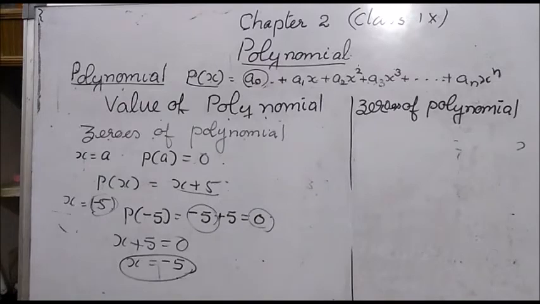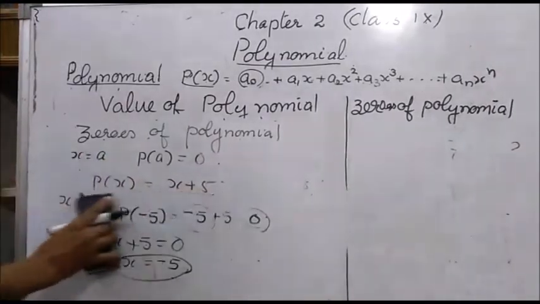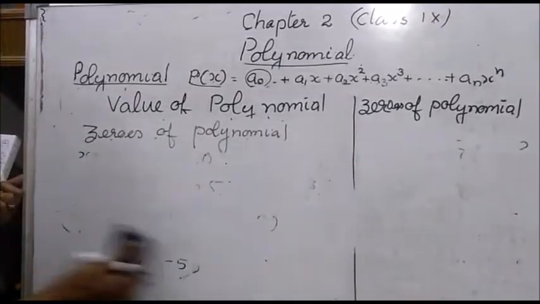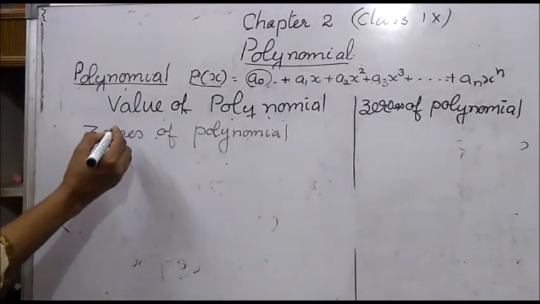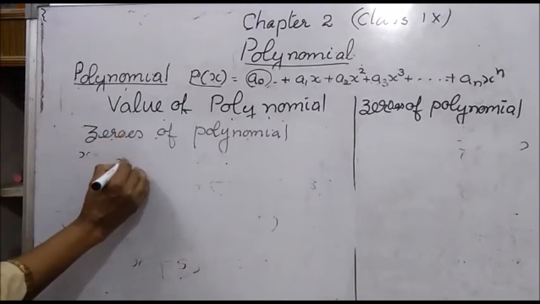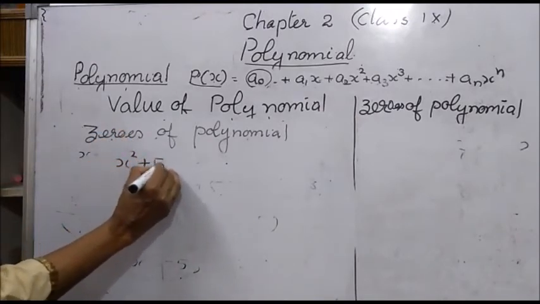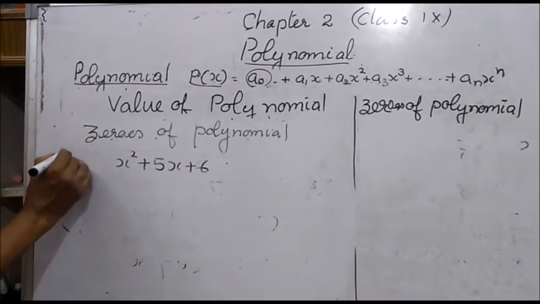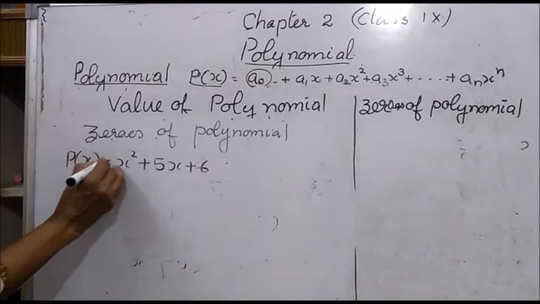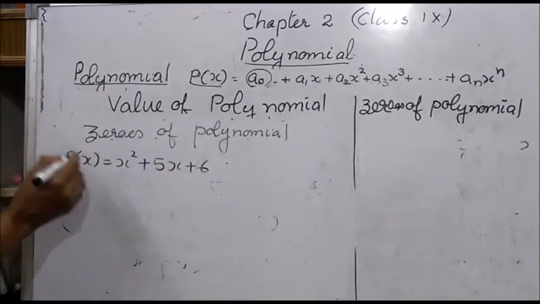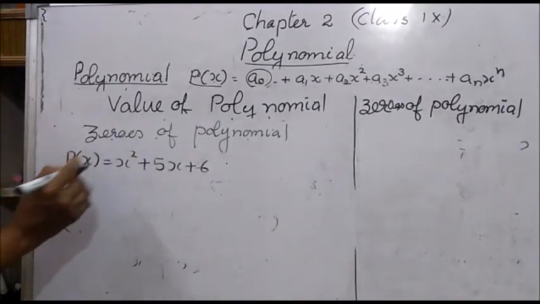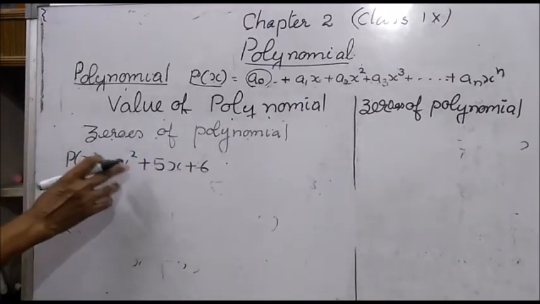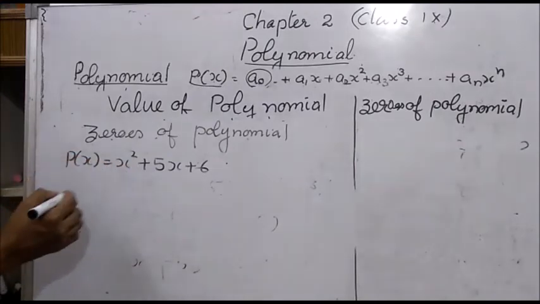Again, in a quadratic equation, let us take an example. x square plus 5x plus 6. We want to find out the zeros of this polynomial. Let p of x equal to x square plus 5x plus 6. So, how will we find out? Trial and error method also we can use by putting minus 2 here.